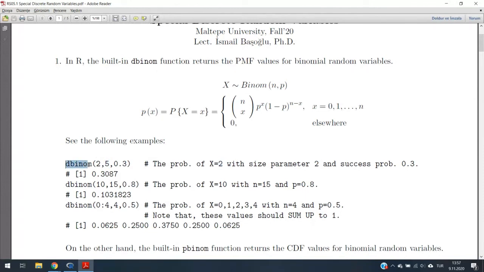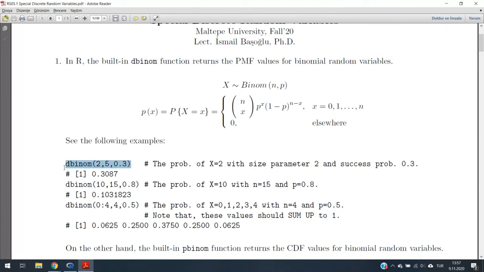That is calculated by the dbinom function, which helps us to calculate the probability mass function for the binomial random variable. And you are basically asking for the probability mass function at 2 when the size parameter is equal to 5 and the success probability is equal to 0.3.